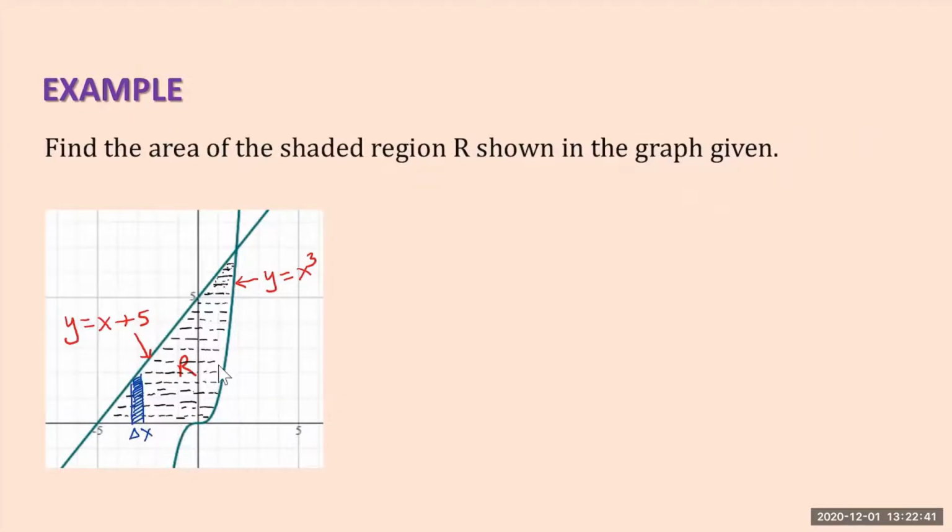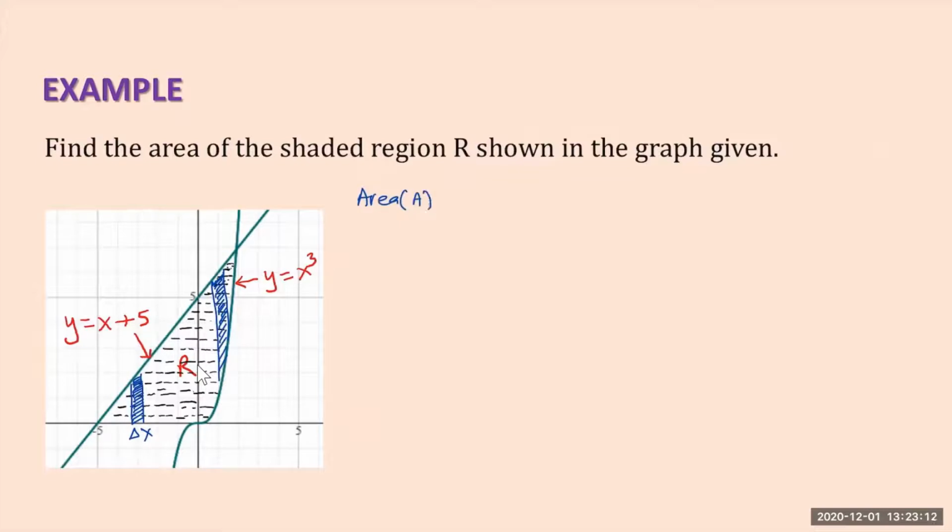But when I go to this side, if I draw that rectangle over there, you can see that now it is between the upper function y equal to x plus 5 and the lower function y equal to x cubed. That means if I want to find the area, I have to set up two integrals.